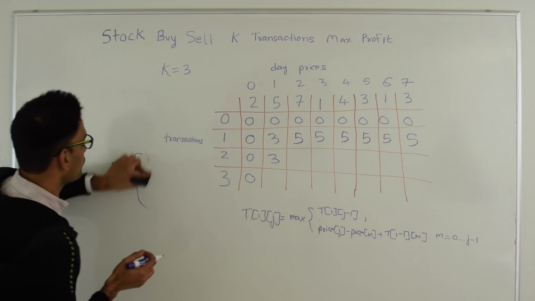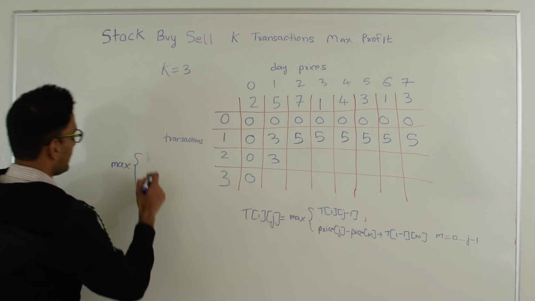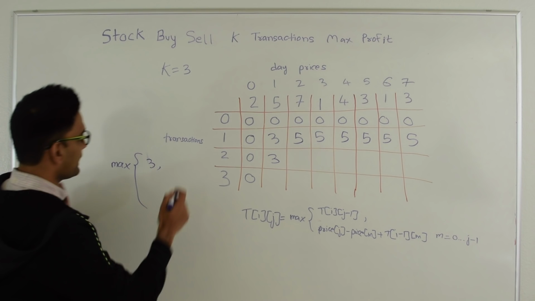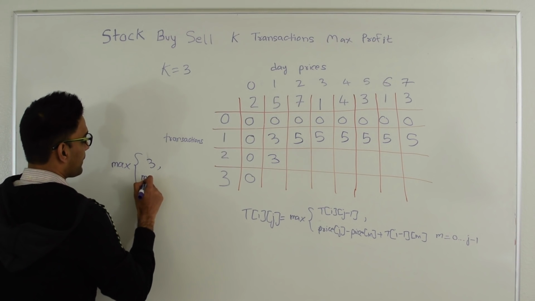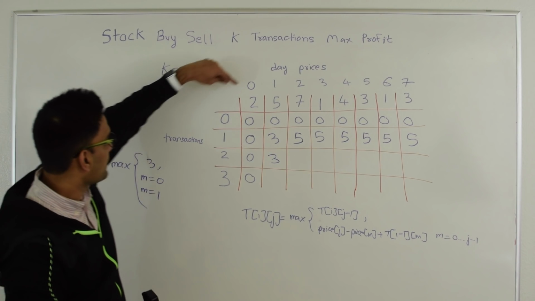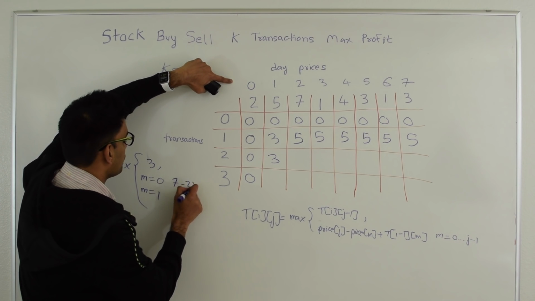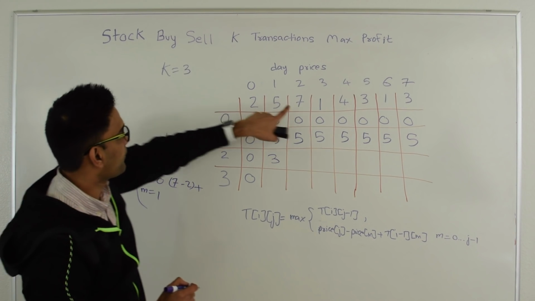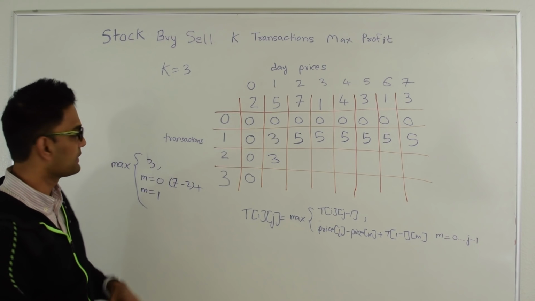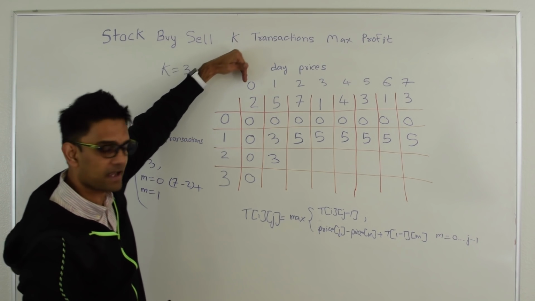The best you can do by not transacting at all on day 2 is 3. Or by trying M0 or M1, buying at either M0 or M1. If you buy at M0, you are making a profit of 7 minus 2, bought at 2 and sold at 7, plus whatever profit you can make with one less transaction and ending that transaction at 2.